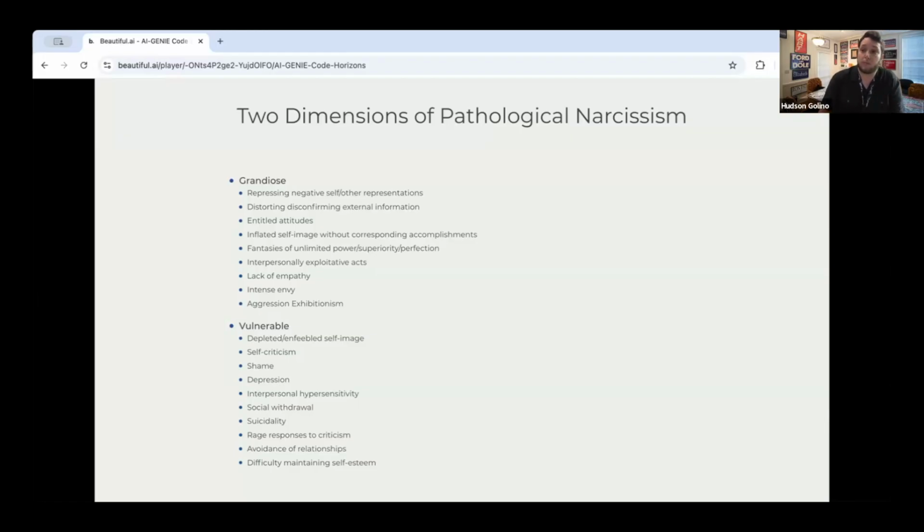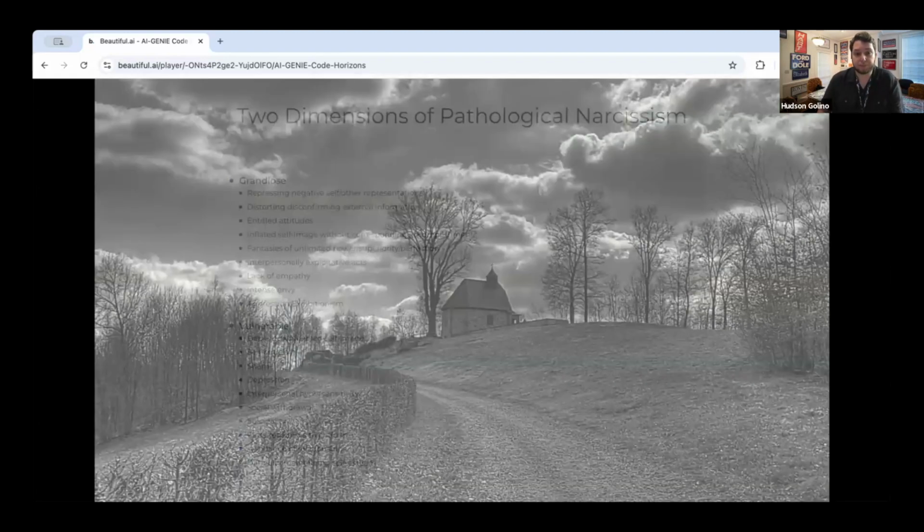The vulnerable dimension is related to depleted or enfeebled self-image, self-criticism, shame, depression, interpersonal hypersensitivity, social withdrawal, suicidality, rage responses to criticism, avoidance of relationships, and difficulty maintaining self-esteem.